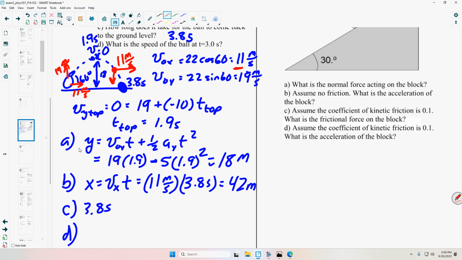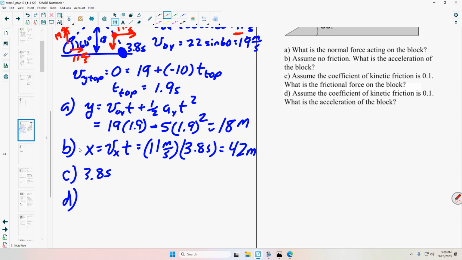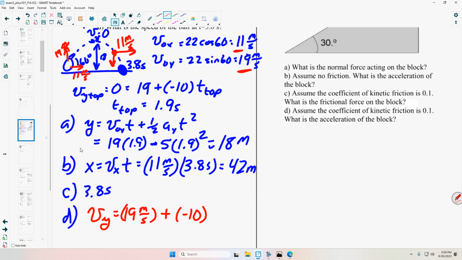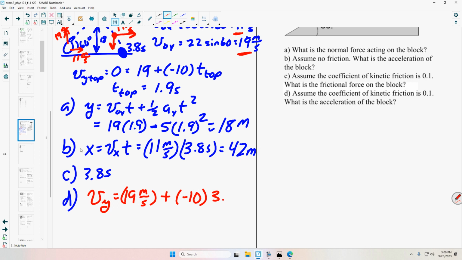So I need to determine what is that velocity in the y direction. Velocity in the y direction at that time is v naught y. That's 19 meters per second. I got that from up here. Plus ay, negative 10, times the time, which was 3 seconds. That's given in that part of the problem. And so the velocity is 19 minus 30, or negative 11 meters per second.